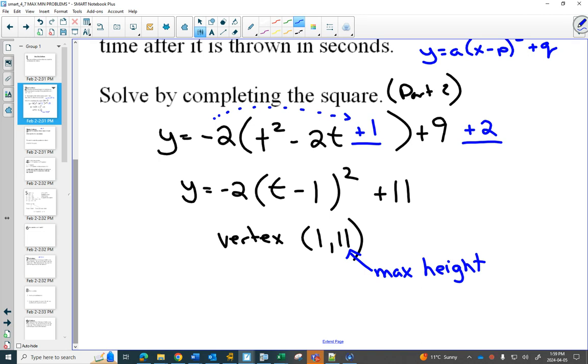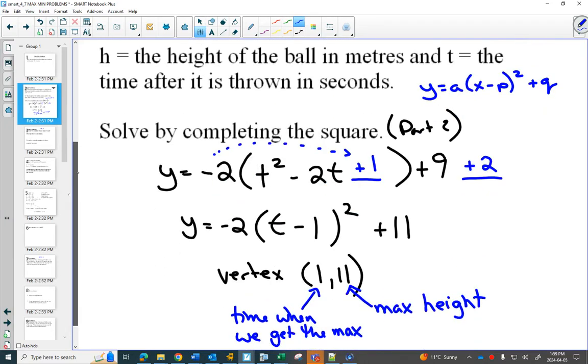So that 11 will be the maximum height. The 1 is, in this case, your time when you get the max. After 1 second, it's at a maximum of 11.